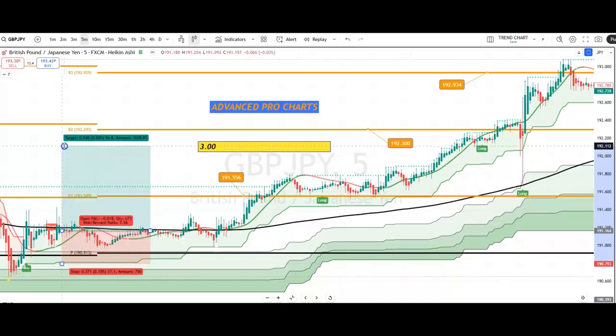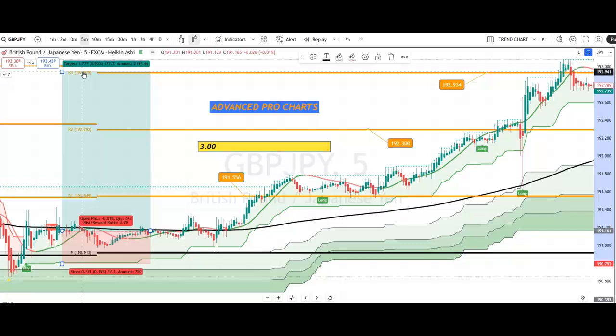I have a target here of 192.29. I have a target here of 192.93. So I can get 176 pips from one position, if you like, from a risk reward of 4.79 with a 37 pip stop.